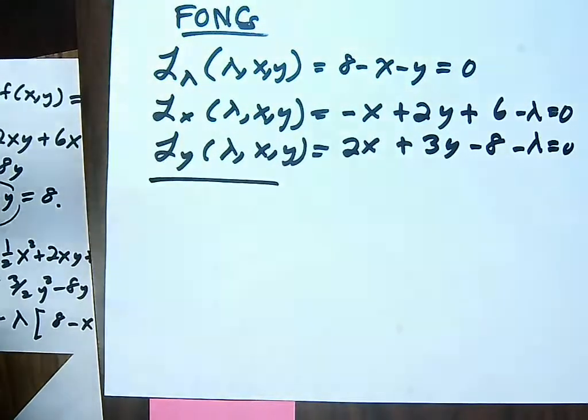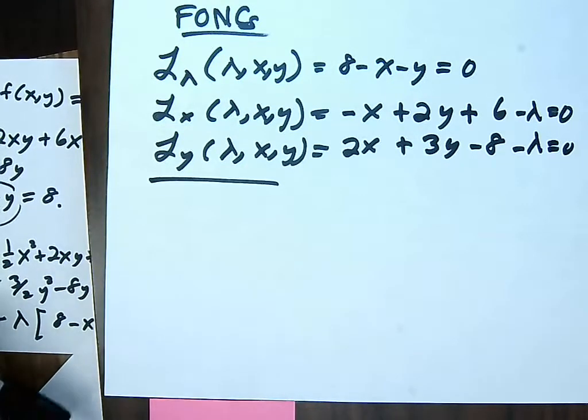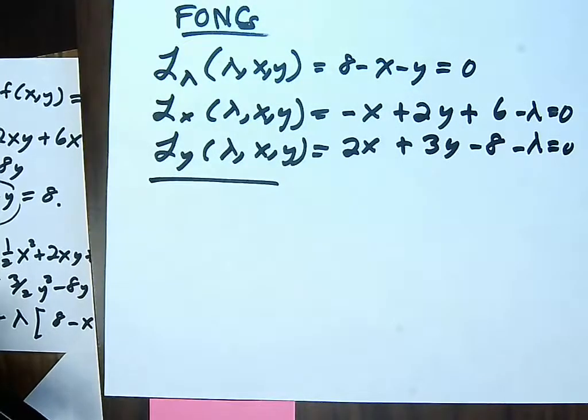Now we have here a system of 3 simultaneous equations, and we have to solve them for lambda, x, and y. There's many different ways we could do this. We could put it in matrices and use Cramer's rule. But a common way of solving the system of equations for this type of problem is to take the 3 equations and reduce it to 2 equations and 2 unknowns.